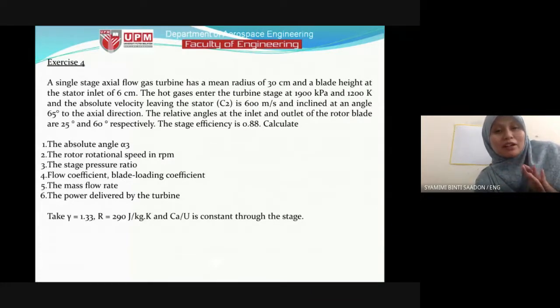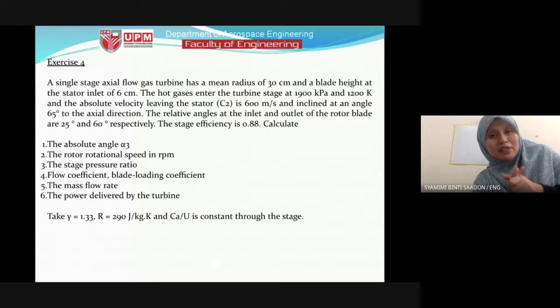The relative angles at the inlet and outlet of the rotor blade are 25 degrees and 60 degrees. Relative is related to the relative velocity W, so the relative angles are the betas: beta 2 at rotor inlet is 25 degrees, and beta 3 at rotor outlet is 60 degrees.